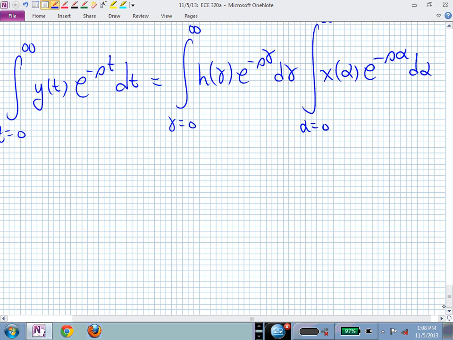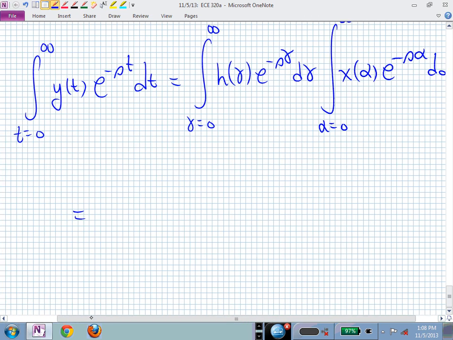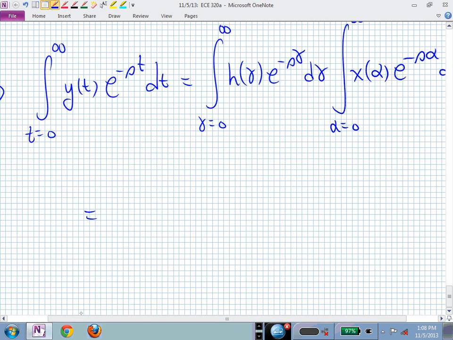Let me now say that I'm going to go from gamma equals 0 to infinity, and now from alpha equals 0 to infinity. I have h of gamma, x of alpha.